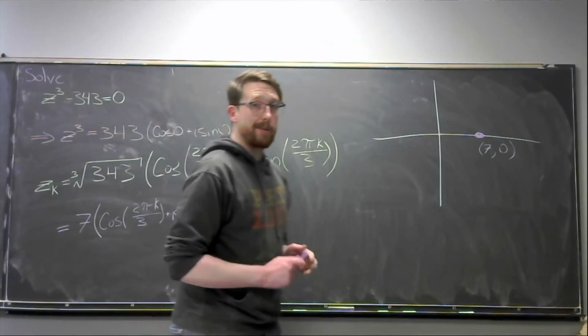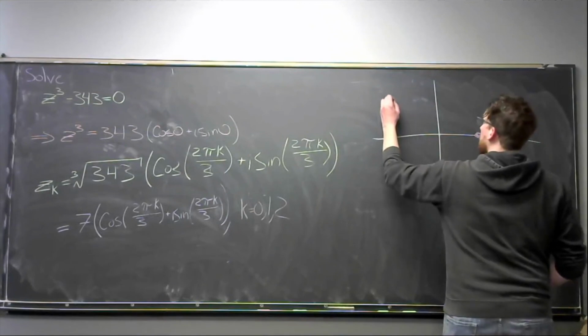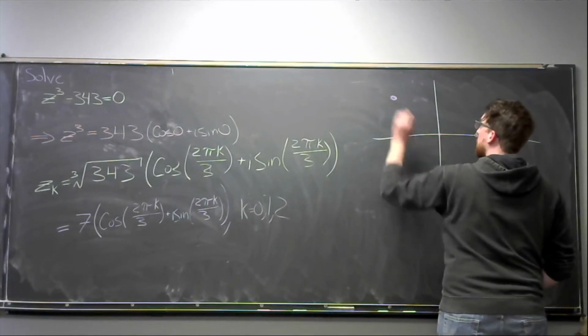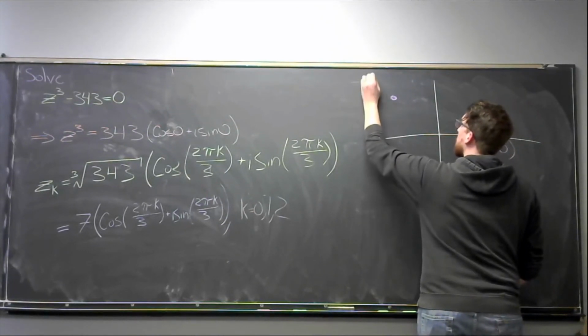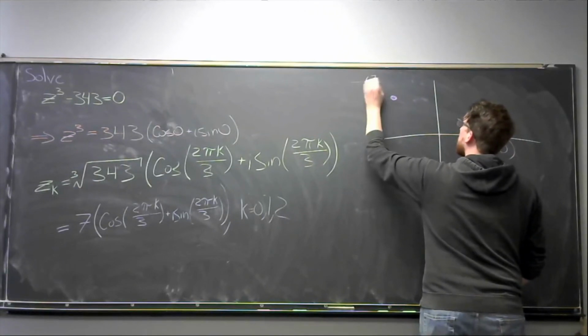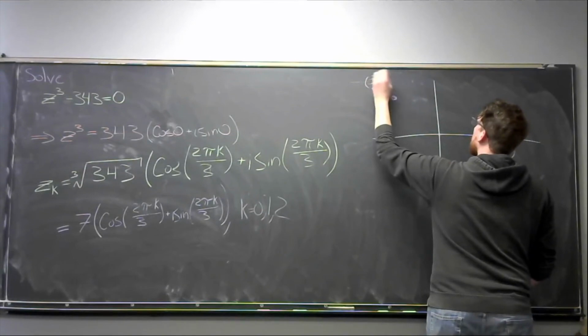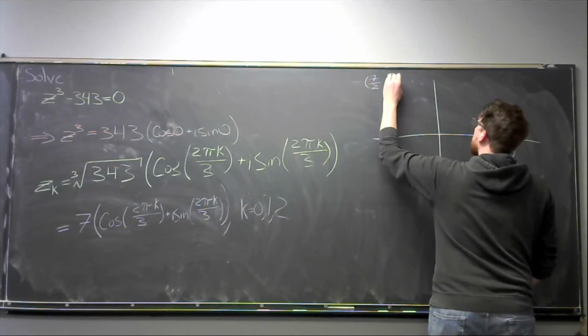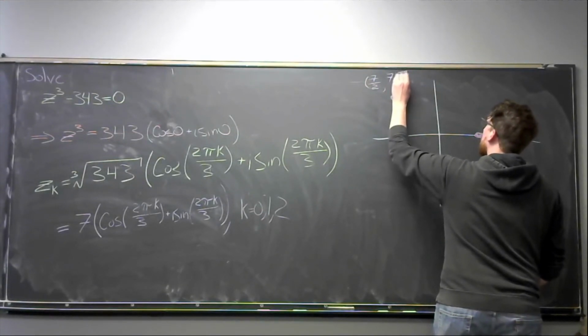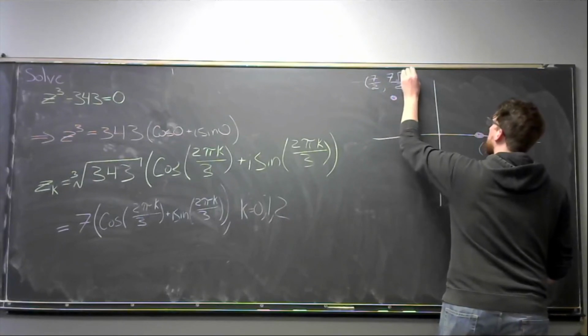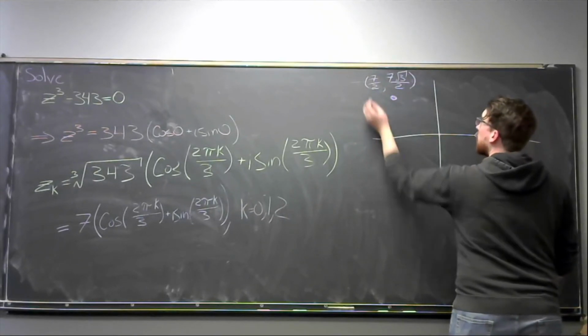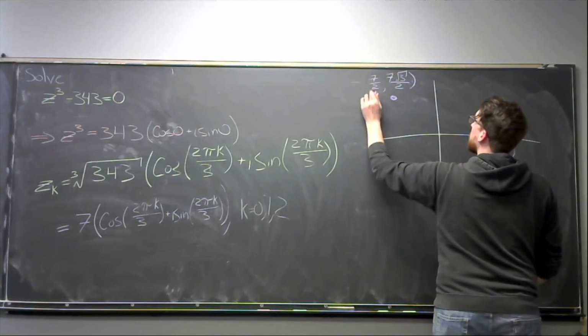Our second answer is up here at (7 over 2, 7 times the square root of 3 over 2).